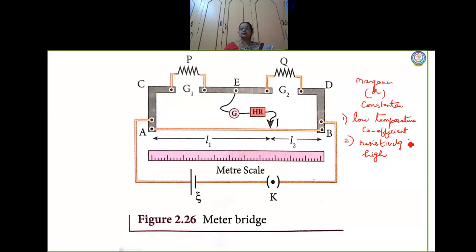These are the two conditions for the wire to be used here.